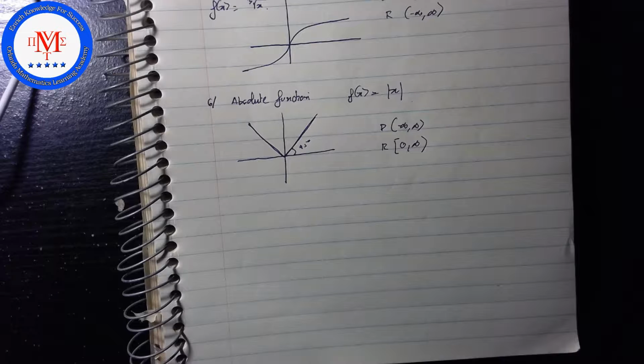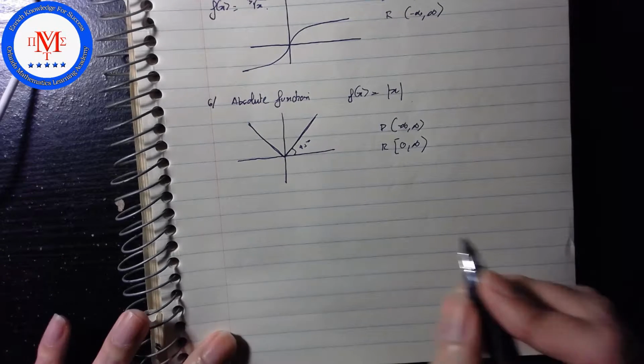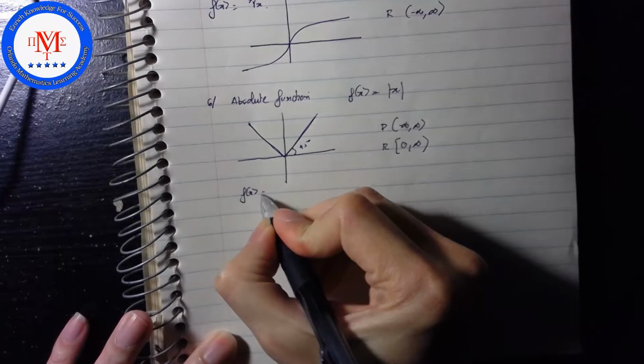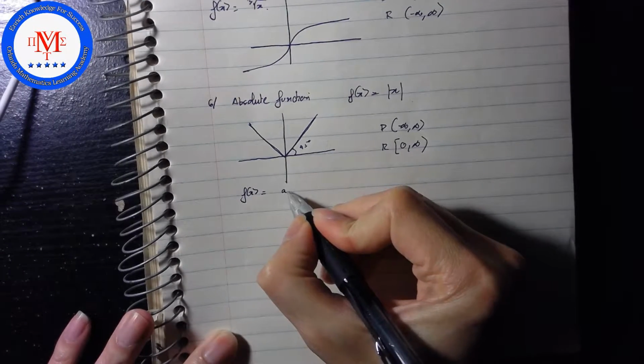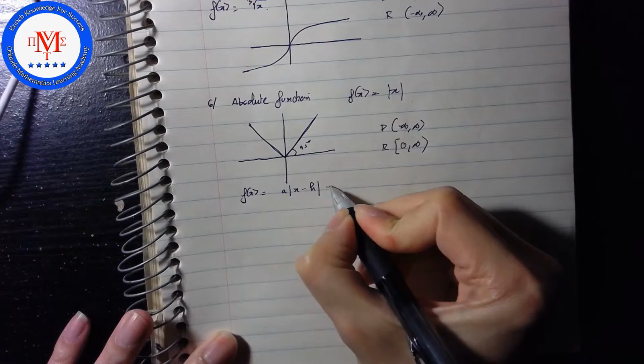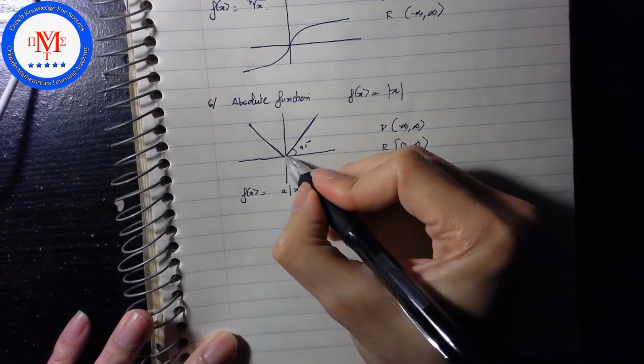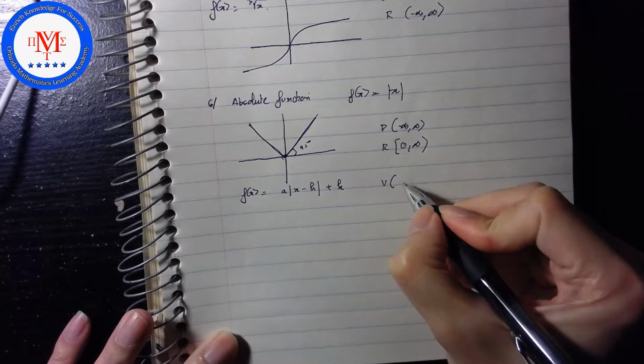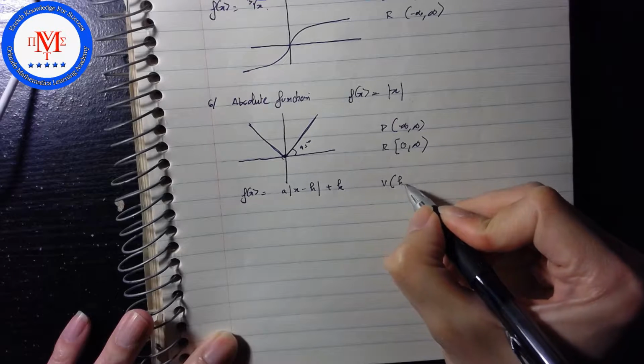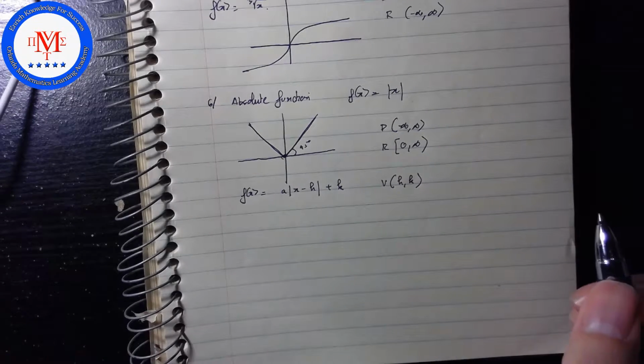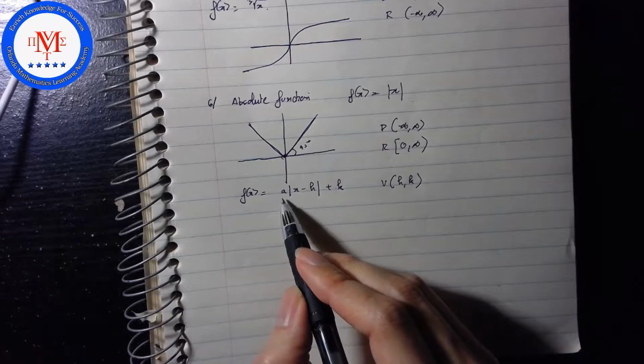Any absolute function has the form a|x - h| + k, with the vertex at coordinates (h, k). And a is called the slope.